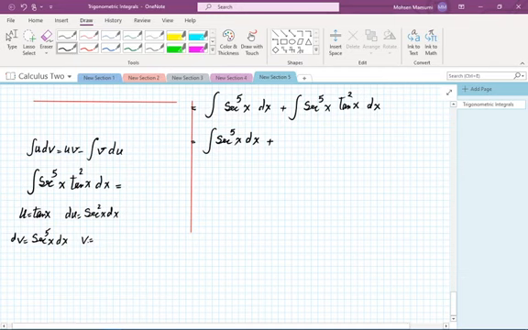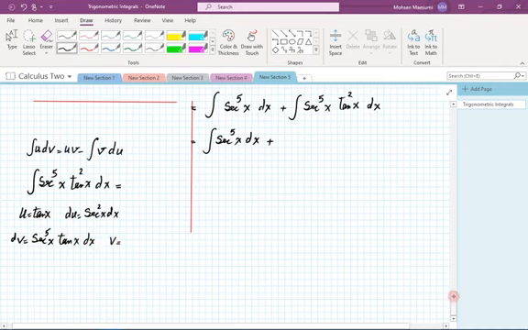So v is, well, let me make a correction here. I didn't write this completely. We have u as tangent of x, and dv, the leftover, is secant to the power of 5 tangent dx. So I was missing tangent of x dx. Now what is v?